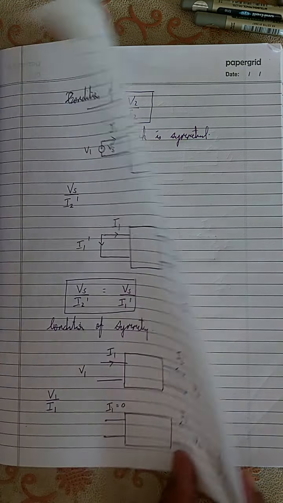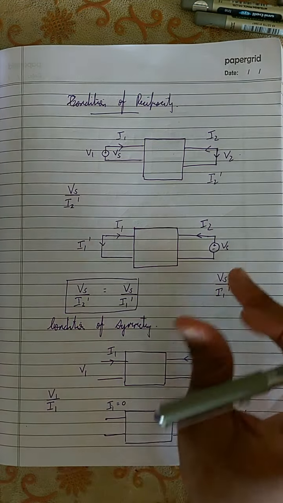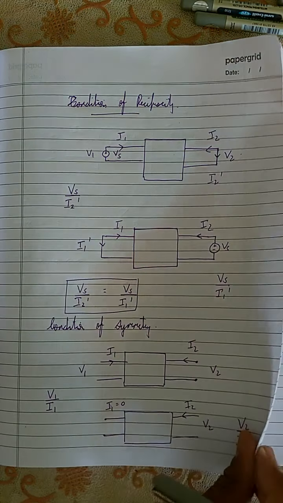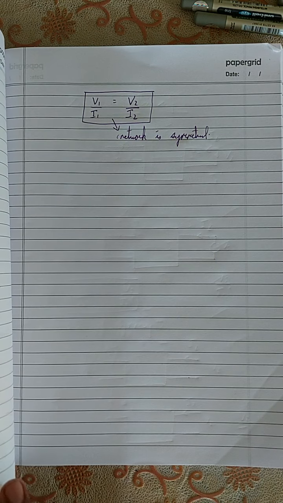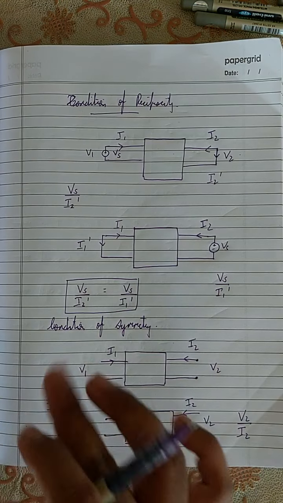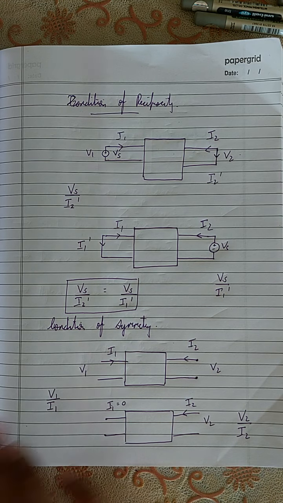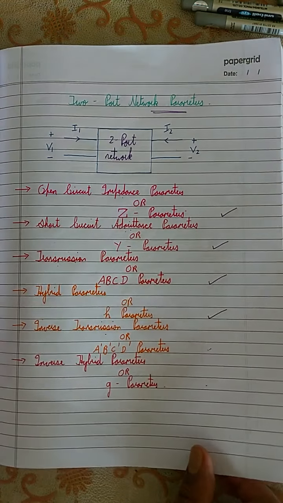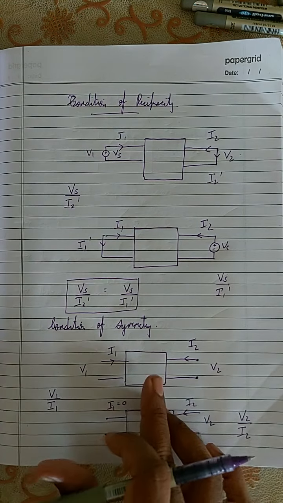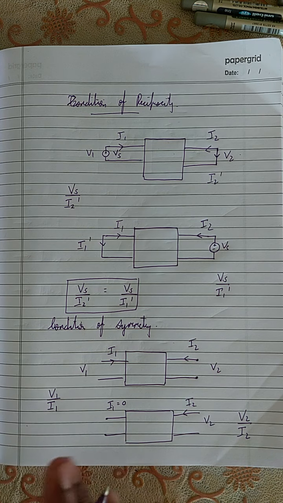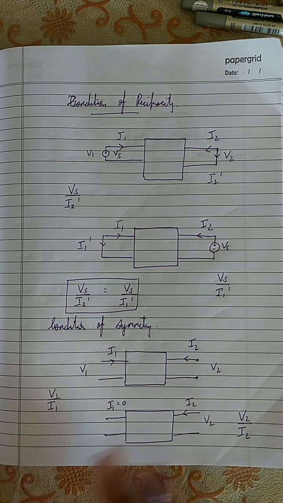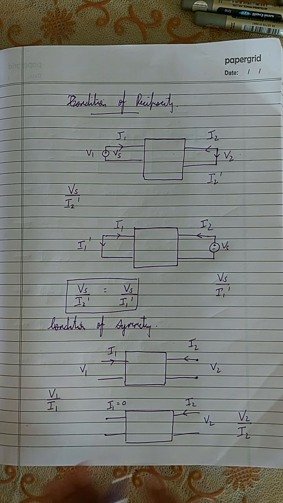So this is how we find whether the network is reciprocal or not, and this is how we find whether the network is symmetrical or not. We just check for both these conditions, and for each of these parameters there will be different conditions of reciprocity and different conditions of symmetry, which you need to derive and also remember, because trying to derive them for each of these parameters while doing the problems will be a time consuming process.